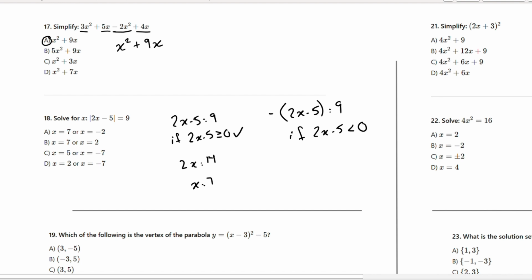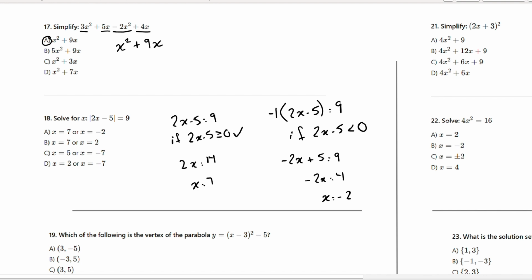So negative (2x minus 5), this is just distribution, imagine this is just a 1 in front of it, negative 2x plus 5, and that equals 9. So now you subtract 5 from both sides, you get negative 2x equals 4, and so that means x is equal to negative 2. So now you just put that back into 2x minus 5.